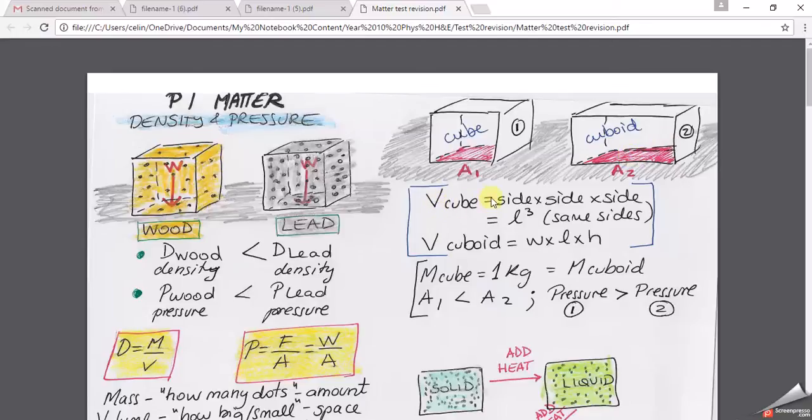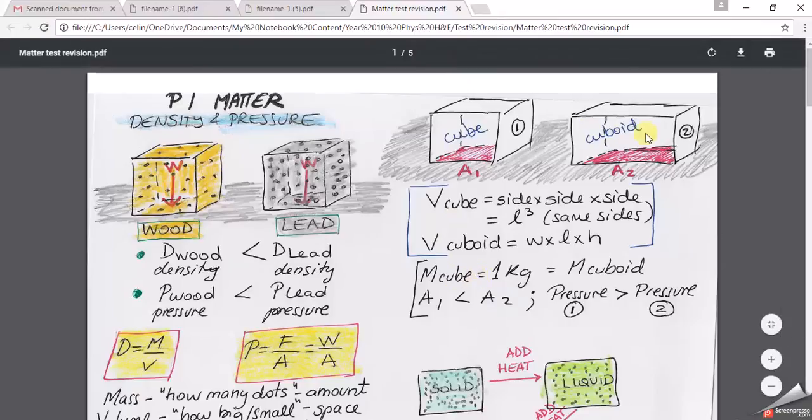The volume of the cube we calculate by side times side times side, and because the cube has the same size sides, that will be just L to the third. But for the cuboid, the sides are not the same, so it's width times length times height. We can take any one of these as the width, the length, or the height. It doesn't matter. The result will always be the same.